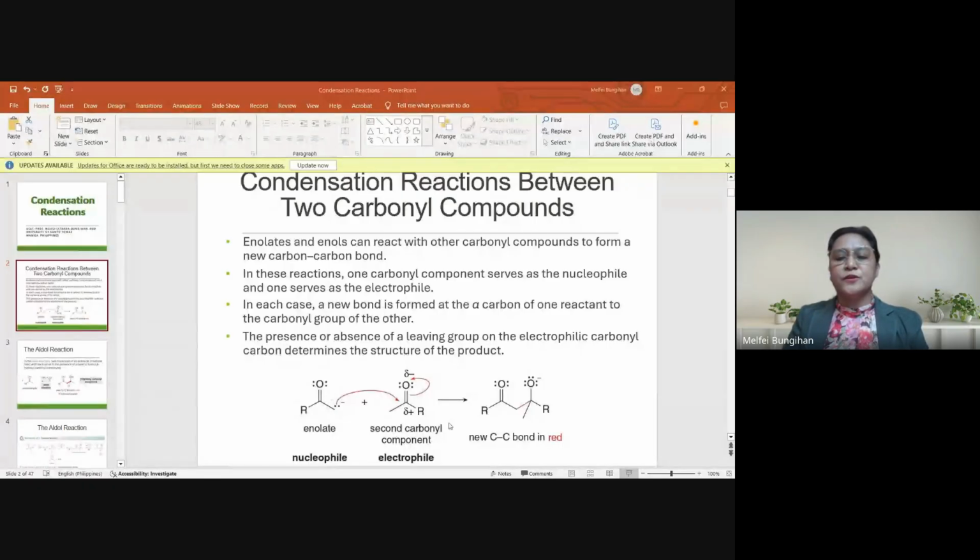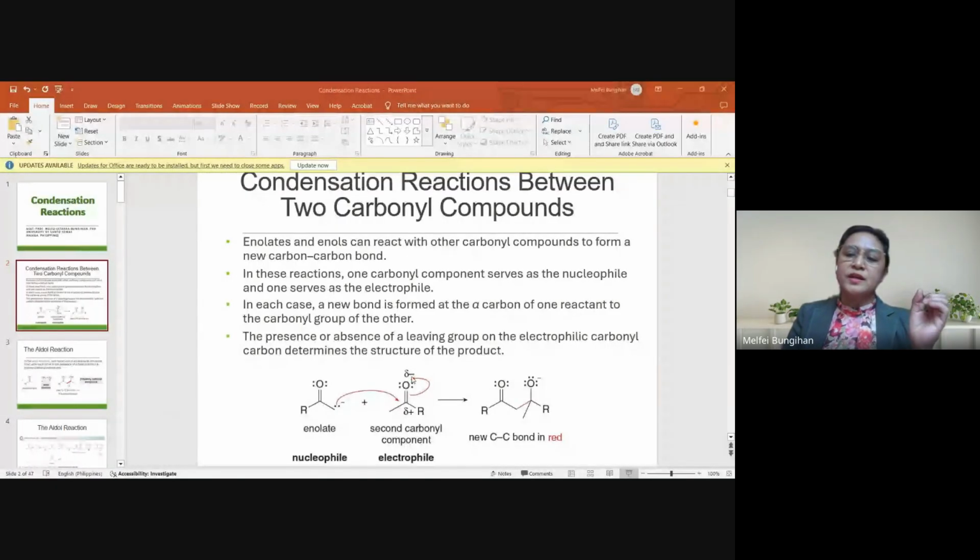And so you form your C-C bond. And then, of course, you will have addition of water or protonation of your alkoxide, which will give you your beta hydroxy. So basically, what you will do here is just recognize where your alpha and beta carbons are. It's where you have the connections.